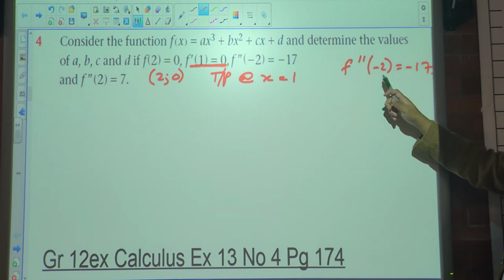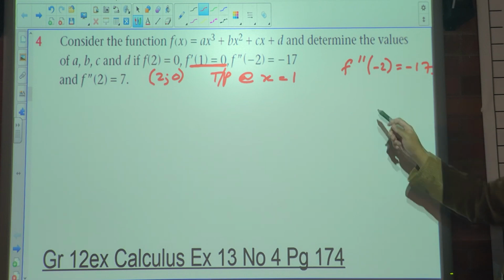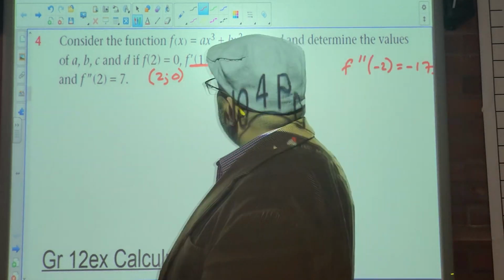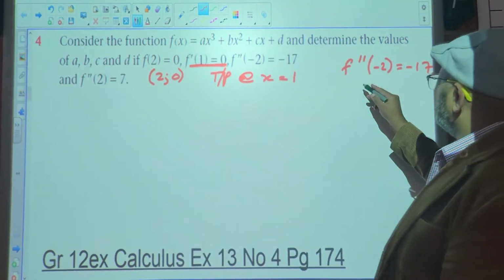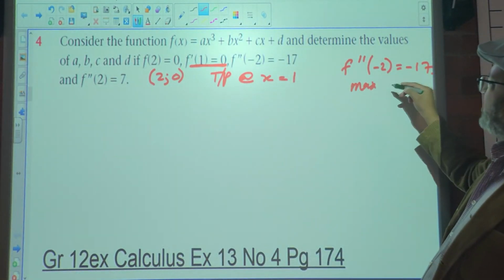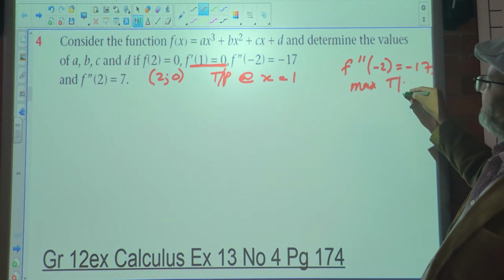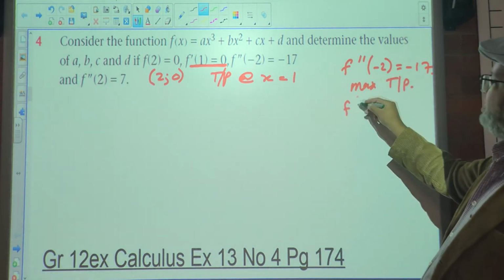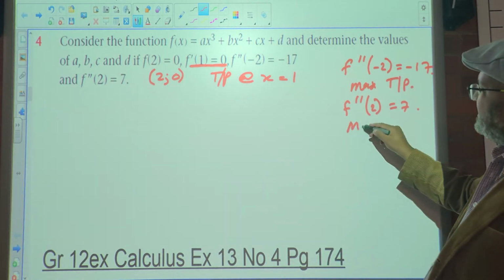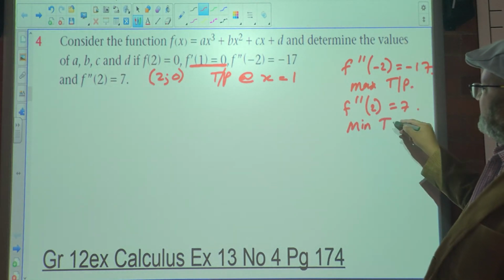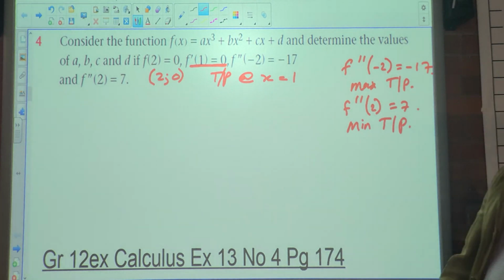There seems to be a turning point. Looks like a maximum turning point. But we are told that f double dash of 2 is... so this is going to be a maximum turning point. And of course, f double dash of 2 is equal to 7, that means this is a minimum turning point.